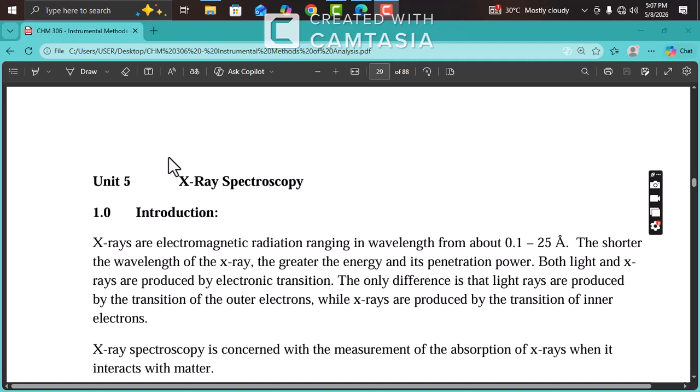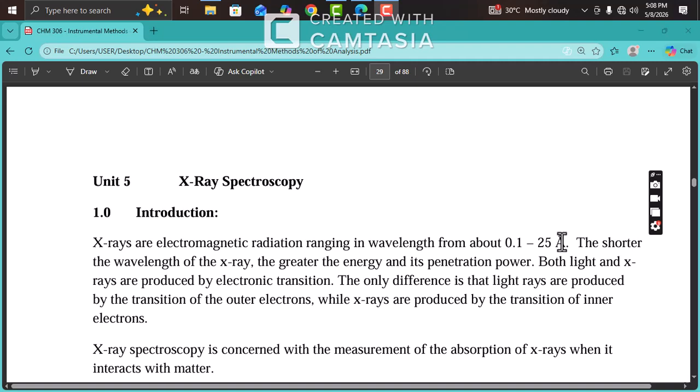So, to talk about X-ray spectroscopy, of course, you have to talk about X-rays. X-rays are electromagnetic radiation ranging in wavelength from 0.1 to 25 angstroms. Now, the shorter the wavelength of the X-ray, the greater the energy and the greater its penetrating power.